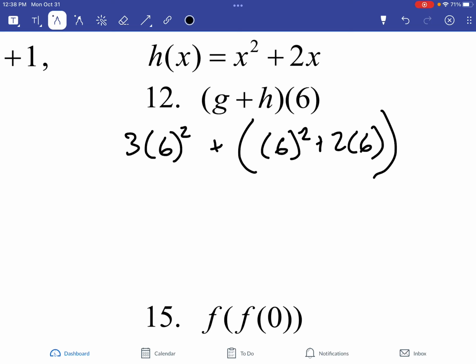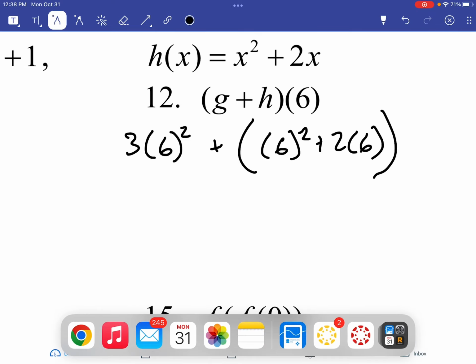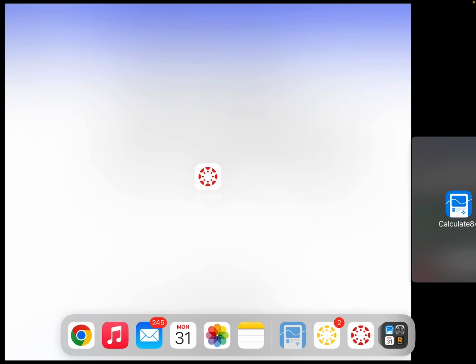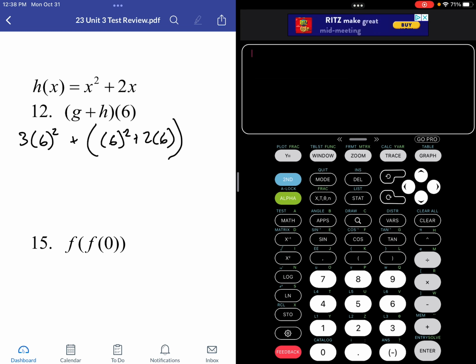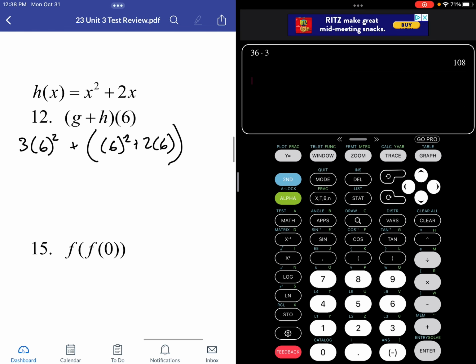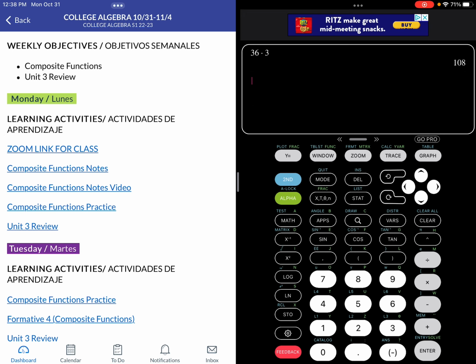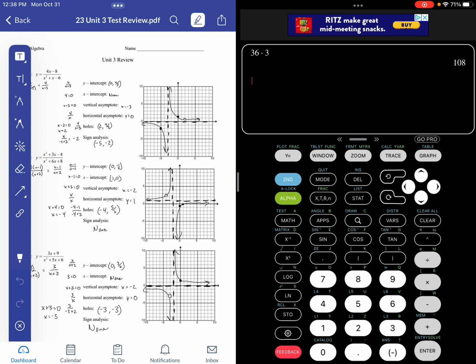So I have an issue. I'm going to bring up the calculator just because it's easier for me to do this way. Okay, so 6 squared is 36 times 3 is 108. Sorry, this always happens.